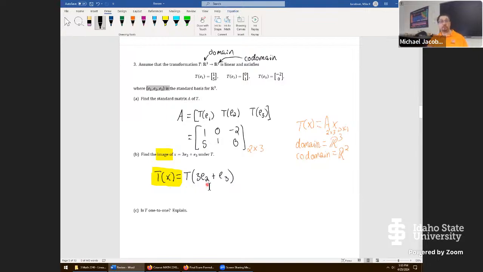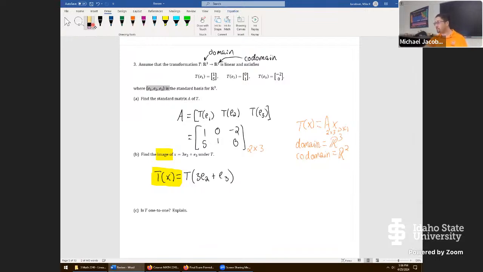Now, what I wouldn't want to do here is add up those basis vectors, that linear combination, because even if I add them up, here's what I'm going to get. 3e2 means I'll have a 3 right here. E3 is the standard basis for R3.